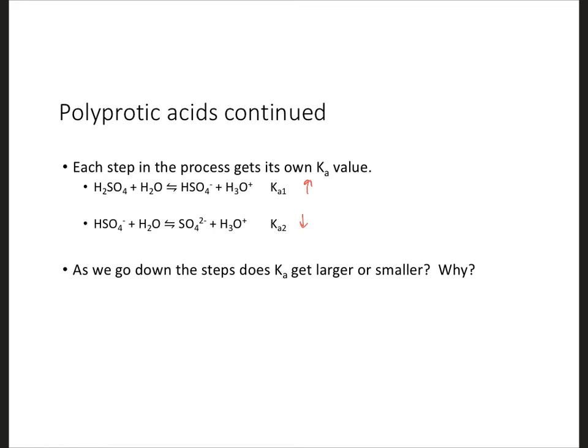So that might mean something like times 10 to the minus 5 for the first one, and then this next one is maybe times 10 to the minus 10, and then maybe for our example with a triprotic acid, that third proton might be something like times 10 to the minus 20, right? It's going to continue to get harder and harder to give these away.